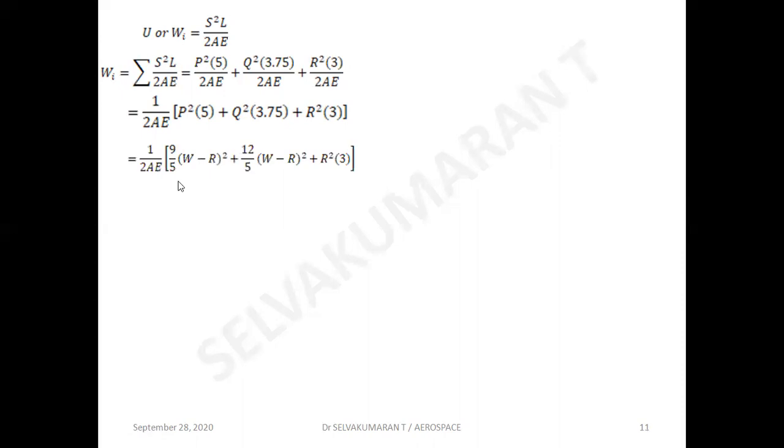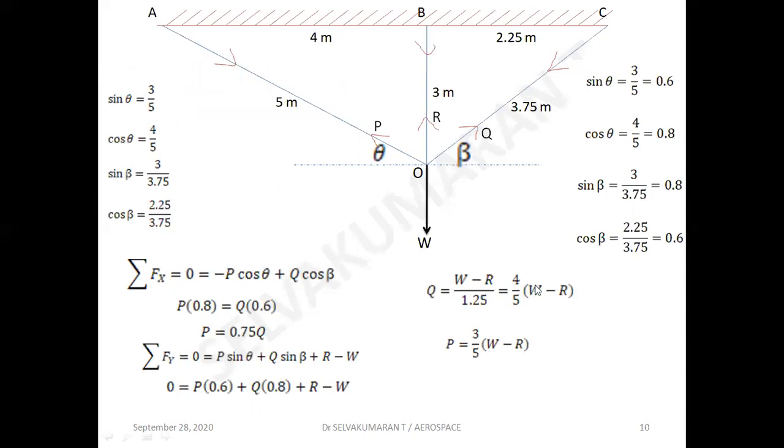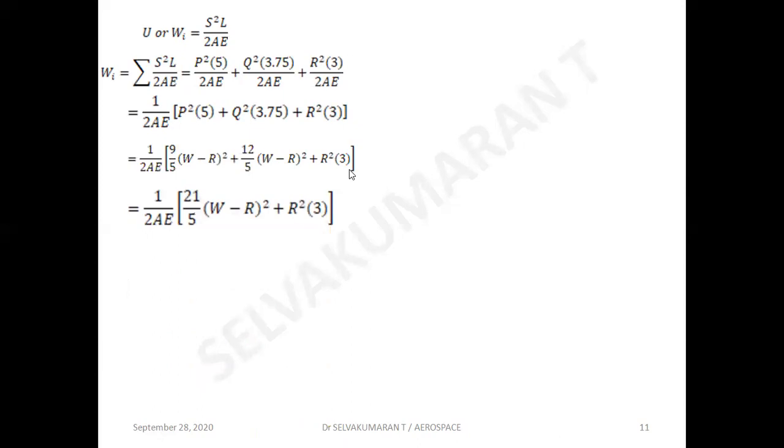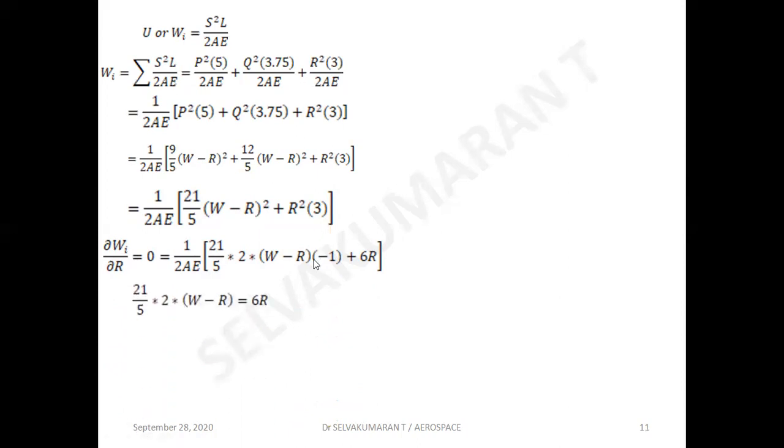P we have got 3 by 5 (W minus R), Q we have got 4 by 5 (W minus R), so square it, plus R square. Then we do some simplification here. Then dou U by dou R, differentiating partially, differentiate the power, then minus R differentiation is minus 1. So R is equal to 7W by 12.